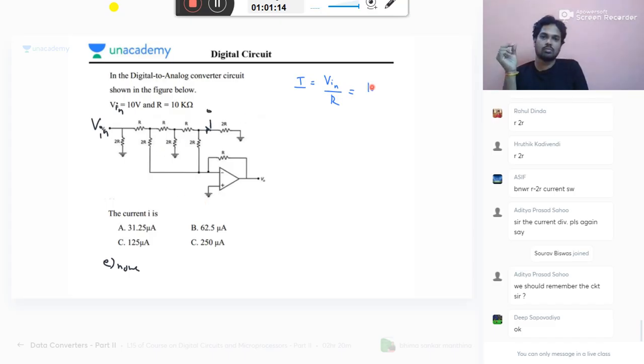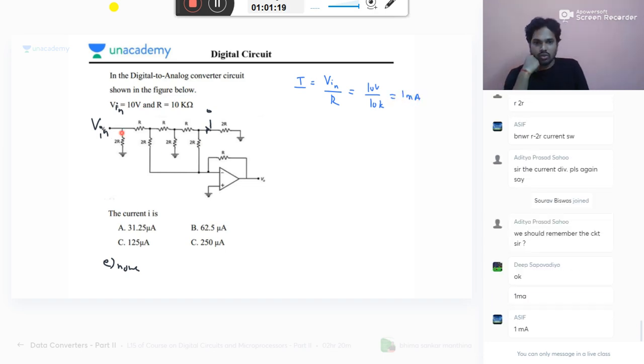So what is V in by R here? 10 volts by 10 kilo, which will give you 1 milliampere. Now, you take this current as capital I. Then this will be I by 2, this also I by 2.